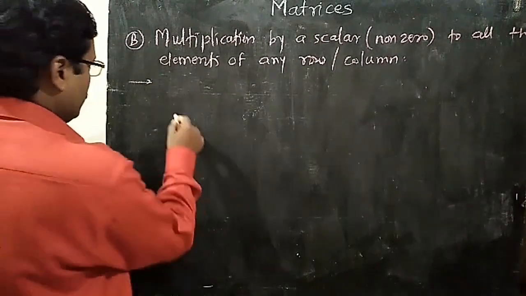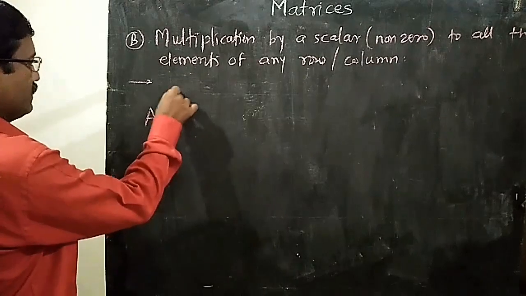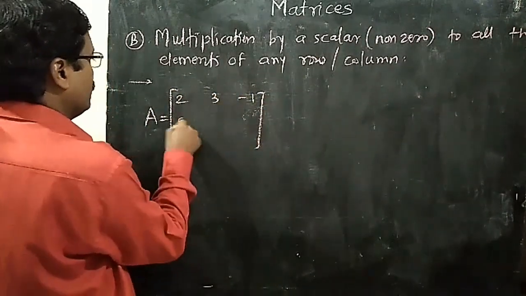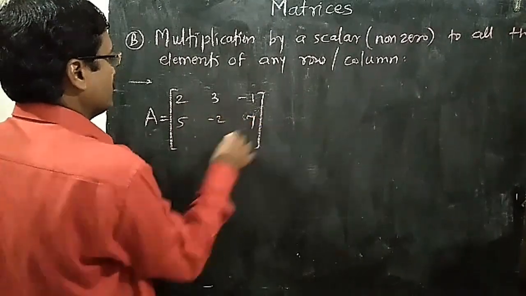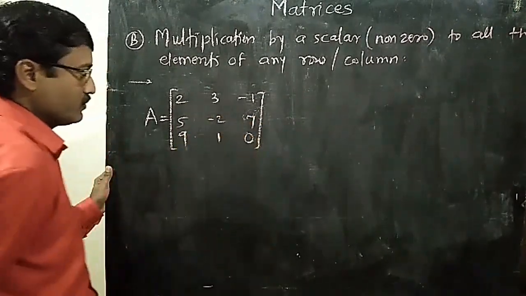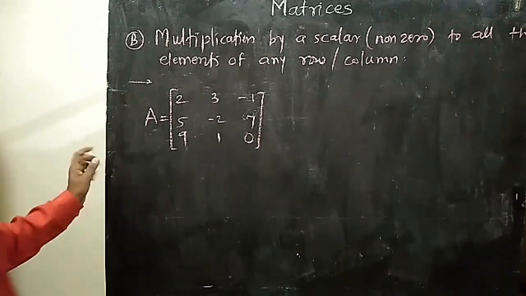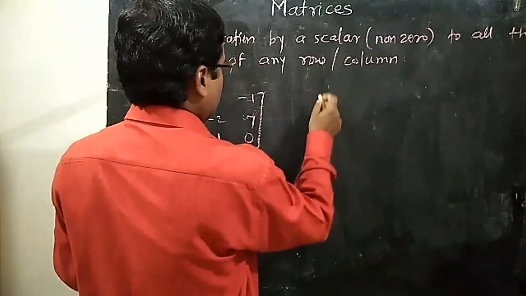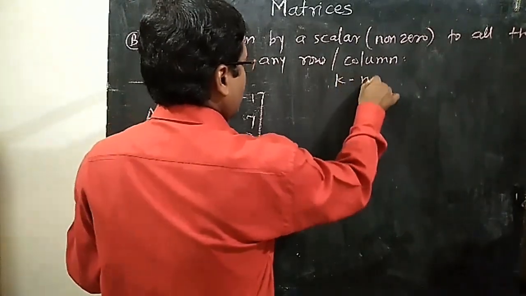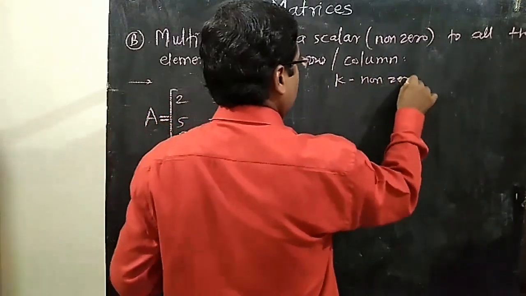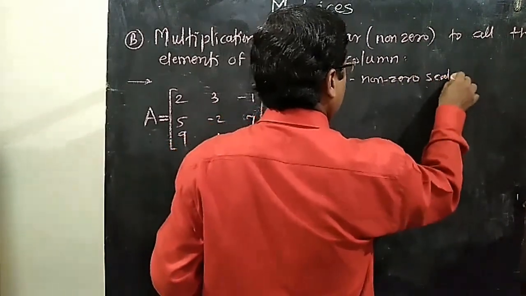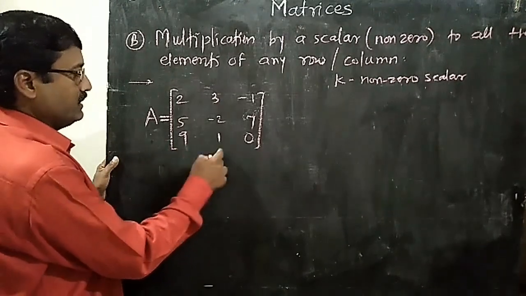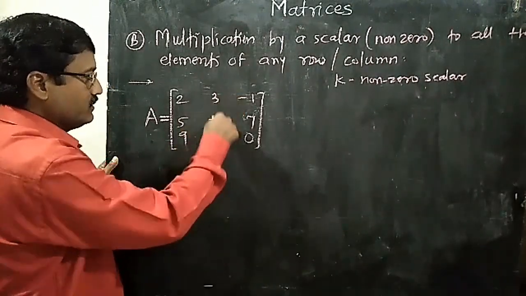Here, if we take matrix A as 2, 3, -1, 5, -2, 7, 9, 1, 0. Then we can take the multiple of, let us consider that K is a non-zero scalar. Then we can take multiple of each element of a certain row or certain column.